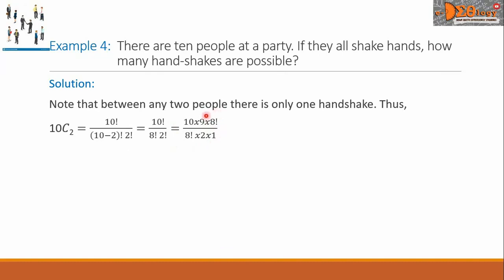We can now cancel the 8 factorial in the numerator and in the denominator. So now, we can simplify our numerator to be 90, that is 10 times 9, over the denominator, which is now 2. 90 divided by 2 is equal to 45. So it means there are 45 possible handshakes in a party of 10 people. This is our final answer.